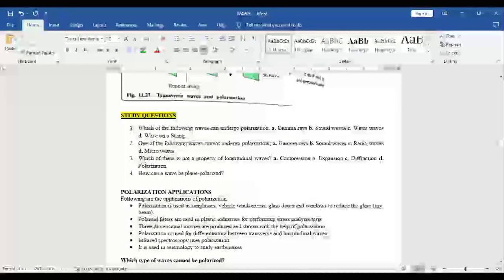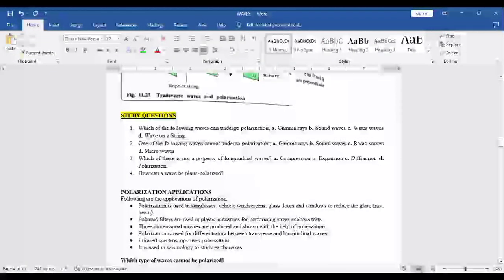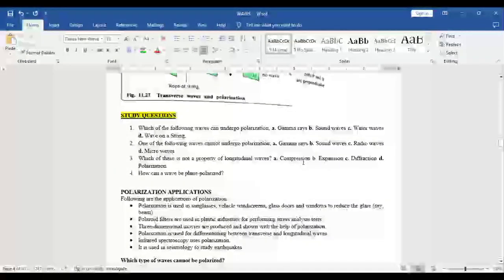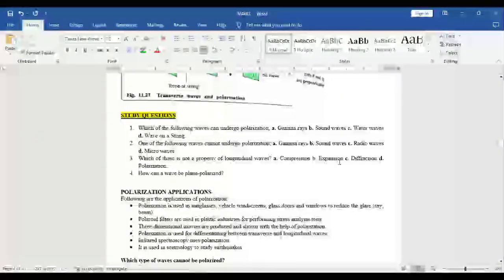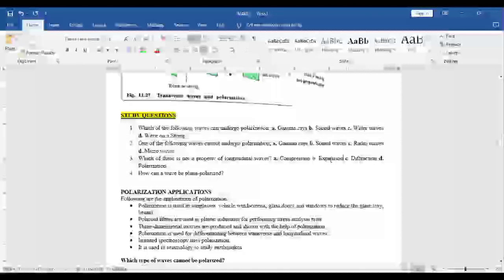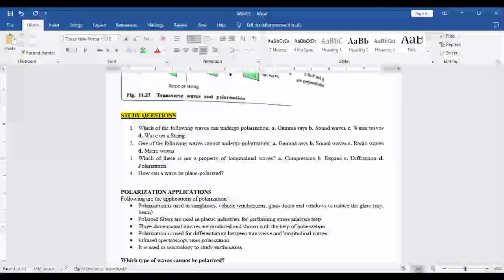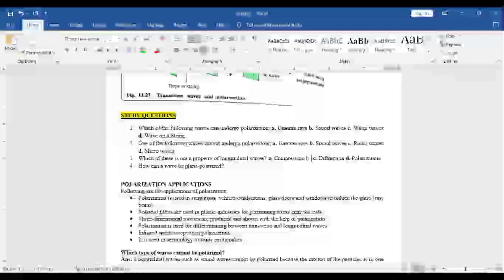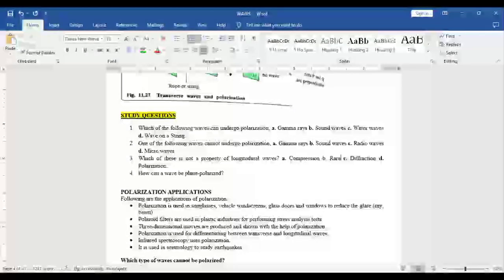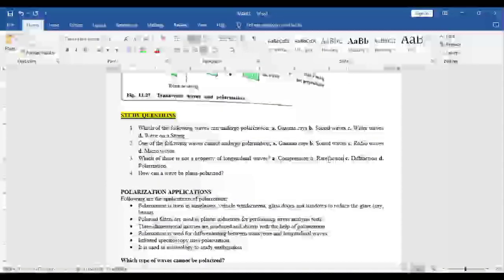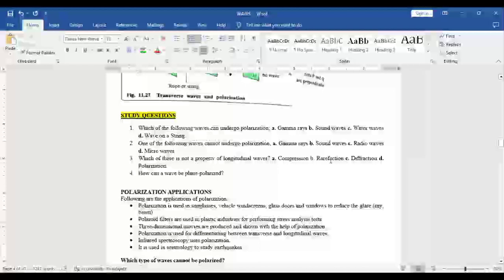Let's read this again. Which of these is not a property of longitudinal wave? Compression, expansion. In the absence of expansion, you can see something like rarefaction. They mean the same thing. Okay, so don't be confused about that.